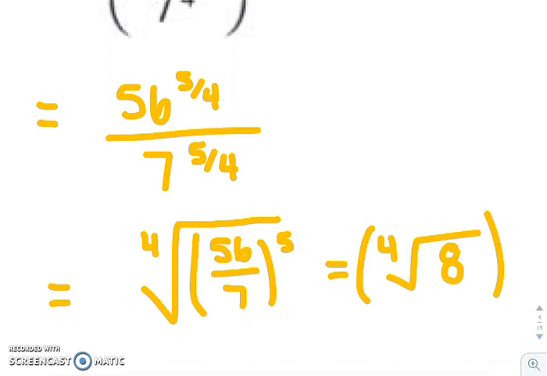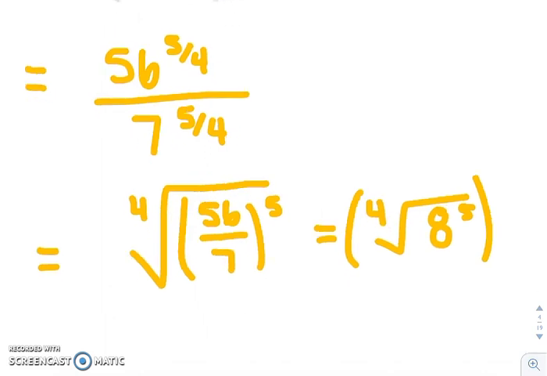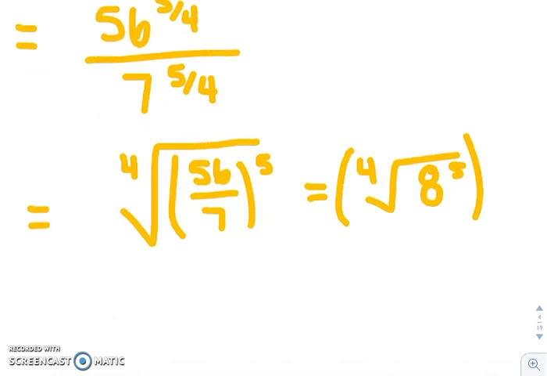And we could figure out what 8 to the 5th power was, but if your index is smaller than your power on the inside, then you have an entire or perfect 4th root of 8 in there. This is really 5 8s being multiplied together inside there.